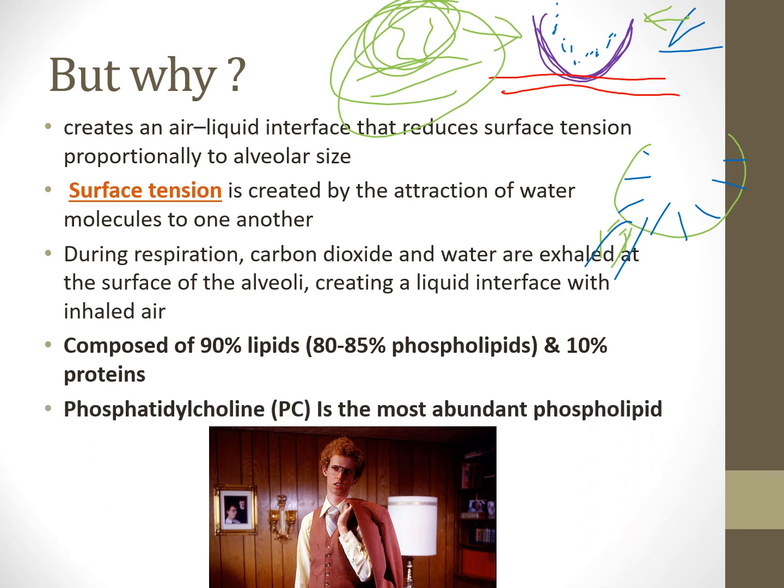Right? PC is the most abundant phospholipid, and we'll talk about this in more detail, especially during this lecture, and then as we get into some of the other lectures, when we talk about how we know if a baby's lungs are mature before delivery, and why that's important. That's going to become an important thing to look at here, the PC level.